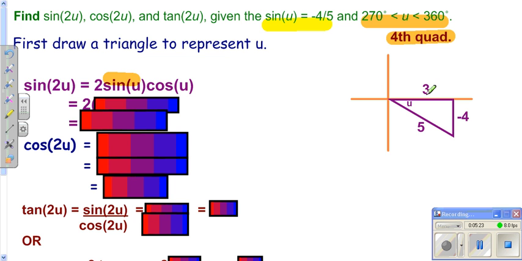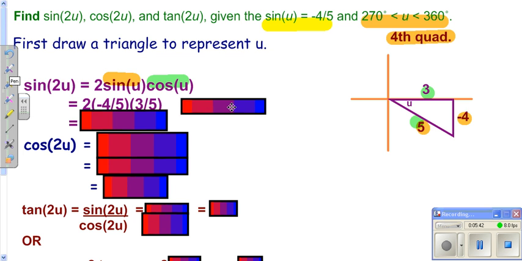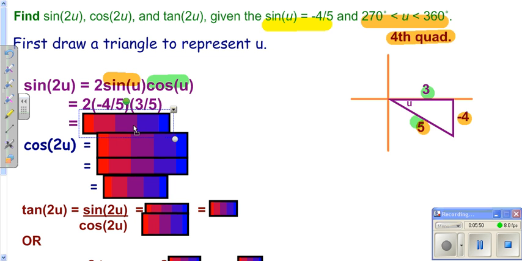You know sine is opposite over hypotenuse. Then you're asked to figure out the cosine of u. Cosine, you should remember, is adjacent over hypotenuse. And then all we have to do is simplify that down. It's really a 2 over 1 times 2 more fractions. You could do that in your head or on your calculator, and you get negative 24 over 25.